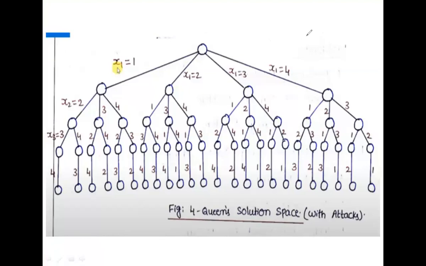In the next case, I already consider first row, first column queen 1 and second column queen 2, and here the change is third queen in fourth column, q3 in fourth column and q4 in third column. Just I change.